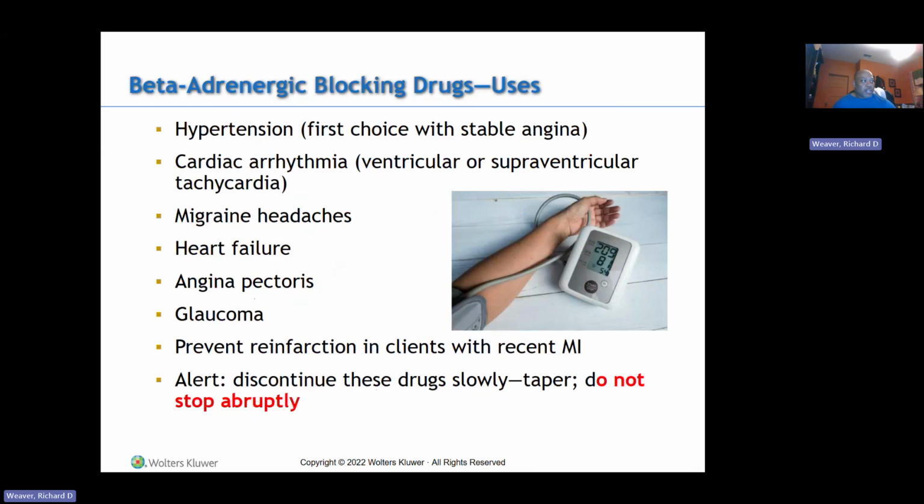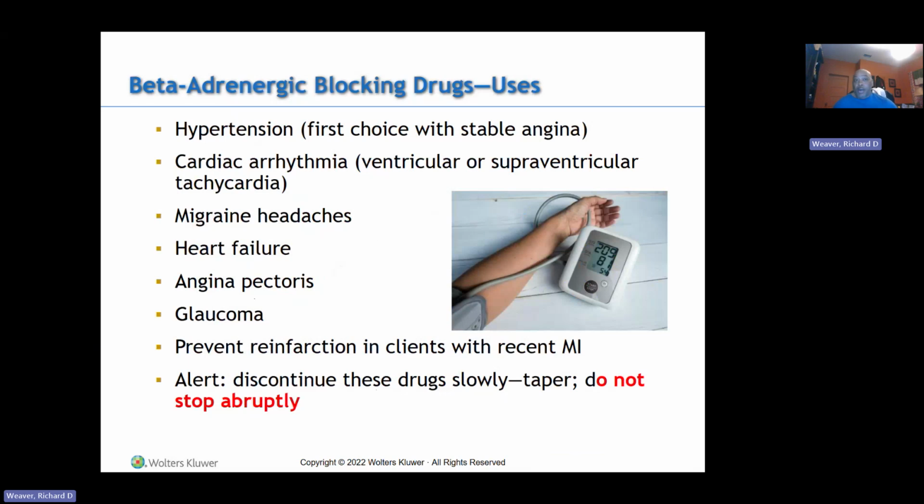When it talks about supraventricular tachycardia, supra meaning above the ventricles, meaning the atria, there are certain abnormal heart rhythms like atrial fibrillation and atrial flutter that we'll probably talk about later on. That's what this drug is given for, those types of cardiac rhythms, because they can slow down that heart rate. Migraine headaches, heart failure, it's used for heart failure.